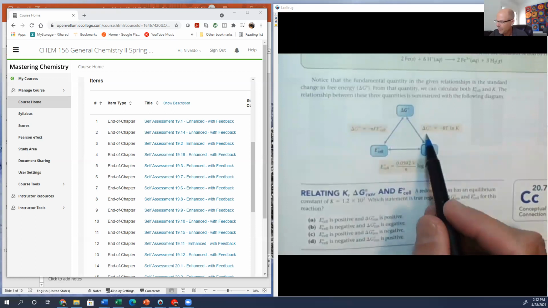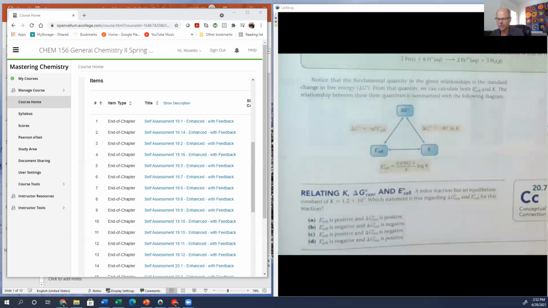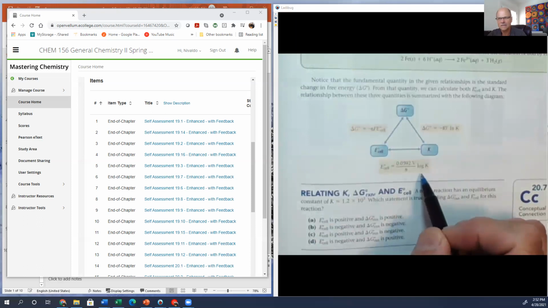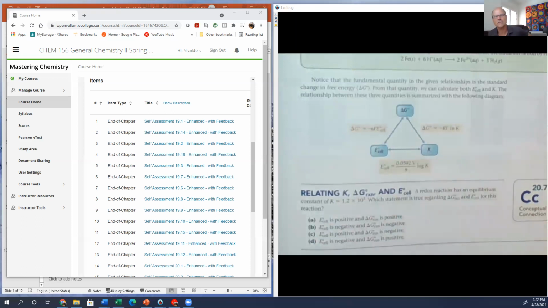So basically, the thermodynamics chapter that we did, which was chapter 19, it's all natural log over there for thermodynamics. For electrochemistry, it's all base 10 log. And it's just historically been that way, and so that's the way we've kept it.